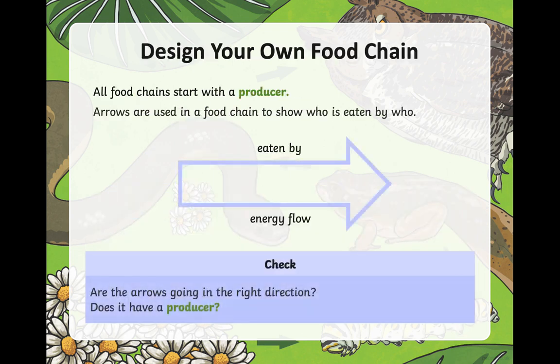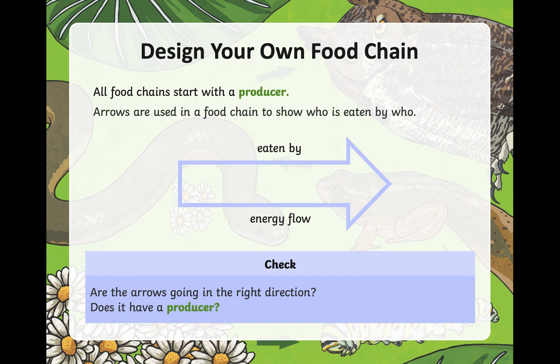Right. Now, this is very important. The way we put this in science books, so all the scientists around the world understand each other and understand how, for example, a food chain works, we have this arrow. Now, using this arrow is very important. It means eaten by something.